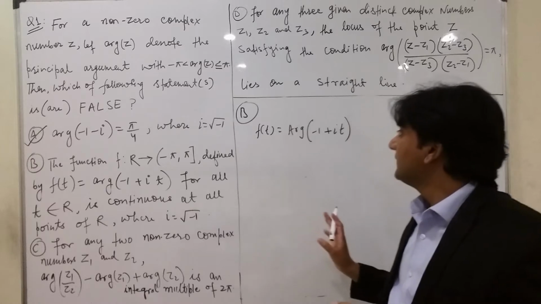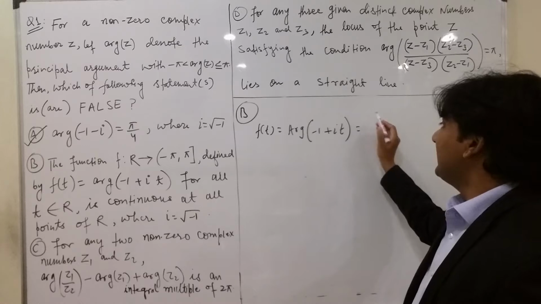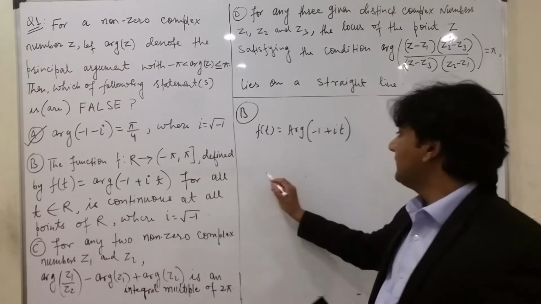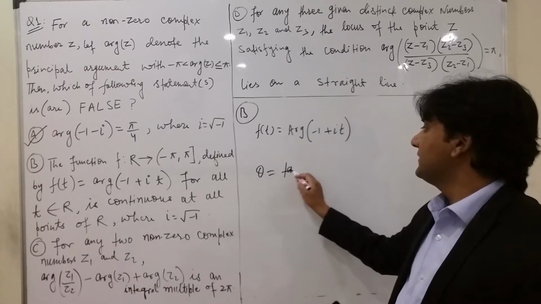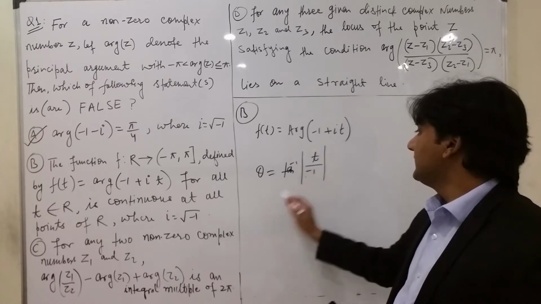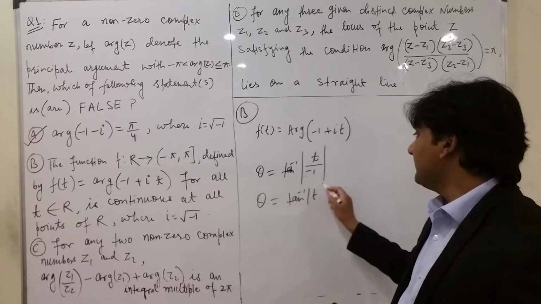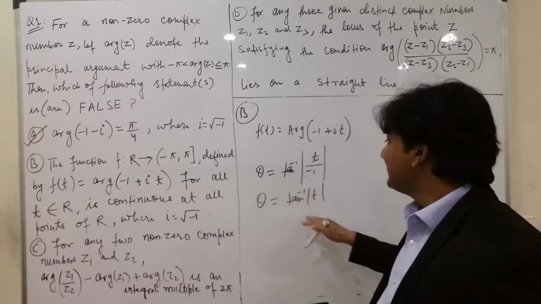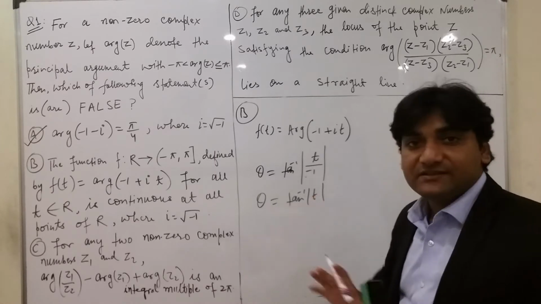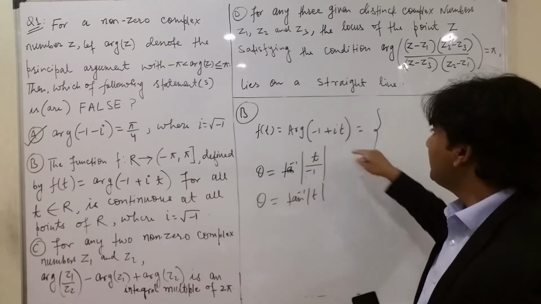Now for the argument, first of all we will find theta. Theta would be tan inverse of mod t over minus 1, which is tan inverse mod t. Now the argument depends on t.